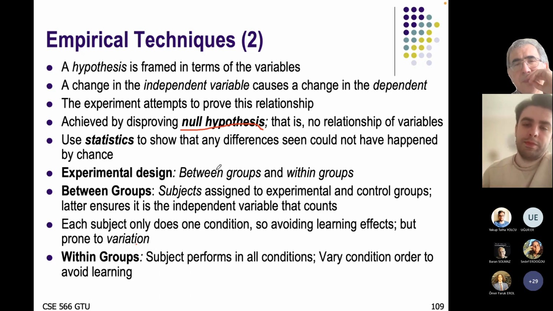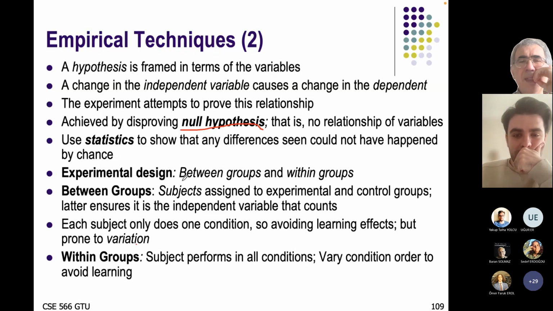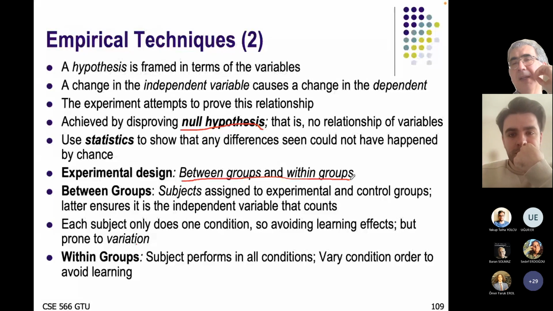So that is one important thing about doing experiment. Second is the between group and within group experiment design. My famous example is about drugs. Unfortunately, there is a new cheap drug in Turkey which has been affecting the young generation a lot, which is called crystal.